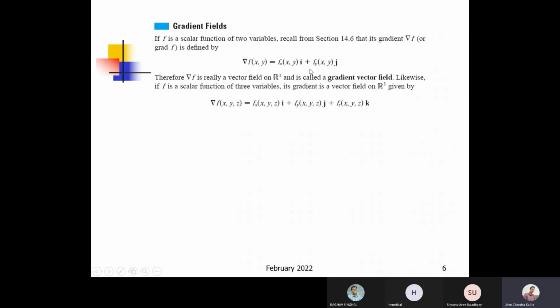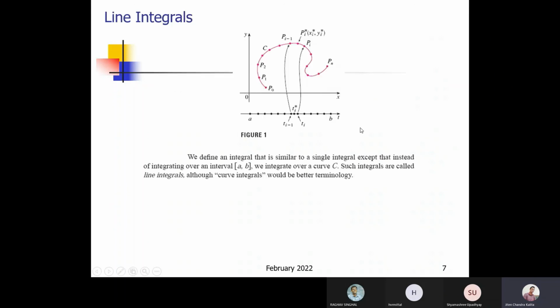It defines a vector field in R2, and that vector field is called the gradient vector field. Likewise, if f is a scalar function of three variables, its gradient is a vector field on R3, and it is given by this. So these were the things about vector fields.